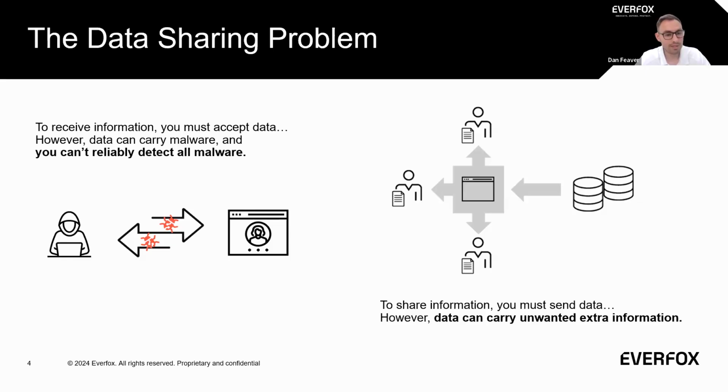And this could be an intentional way of exfiltrating information. It could be an unintentional means of exfiltrating that information. But you need to ensure that the data that's leaving that network is allowed to leave and doesn't contain anything unwanted.